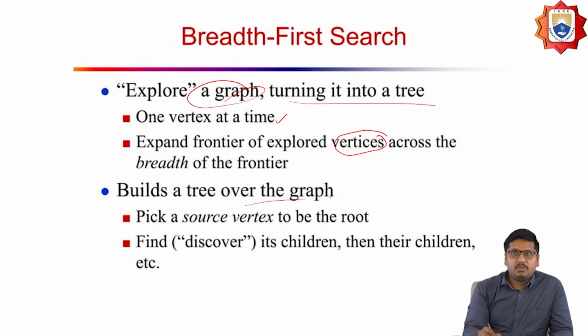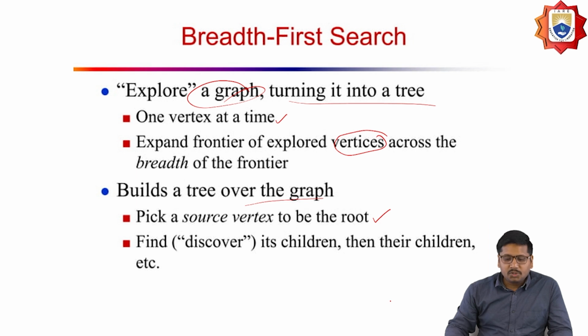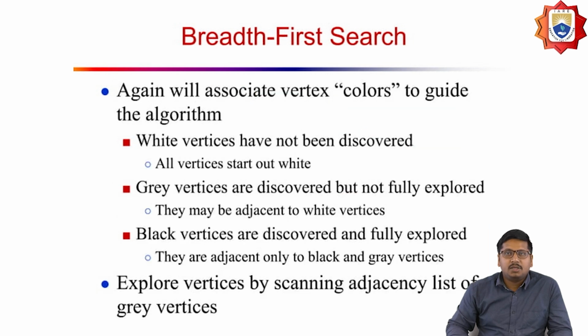So build a tree over the graph: pick a source vertex as the root, then discover its children, then their children, etc.